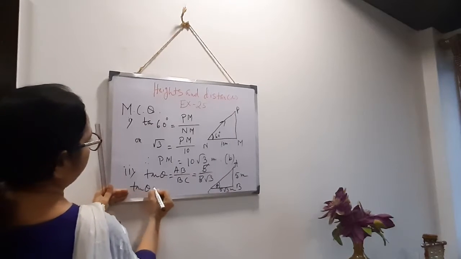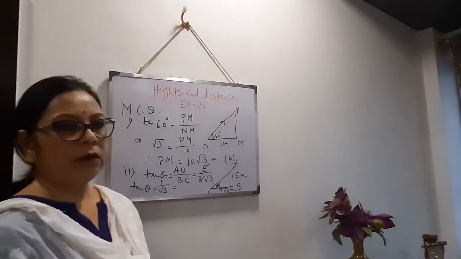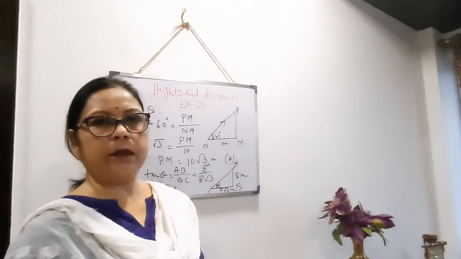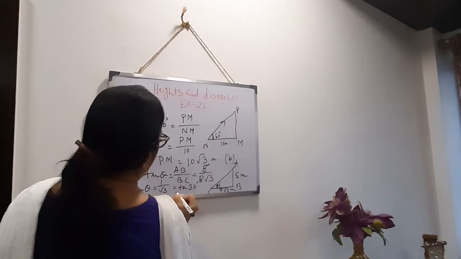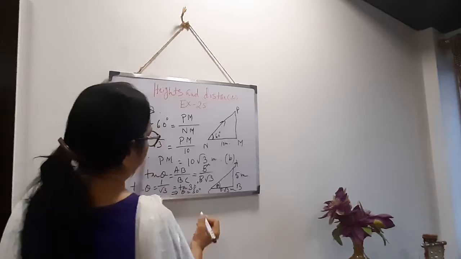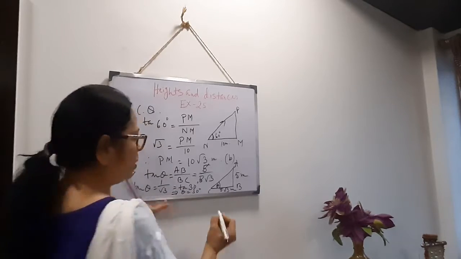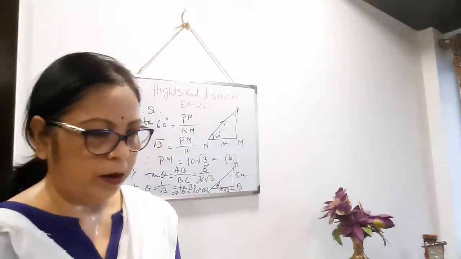So tan theta is coming 1 by root 3. Now you know 1 by root 3 means tan 30. So here we can write tan 30 degrees. So from here what are we getting? Theta is coming 30 degrees. So the angle of elevation is coming 30 degrees. That is your option A. Clear? Now next one.